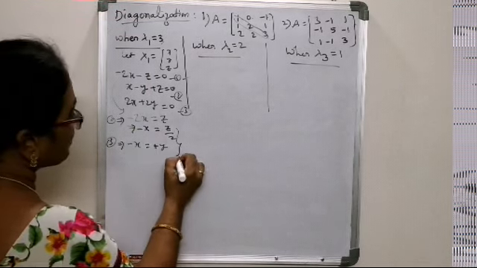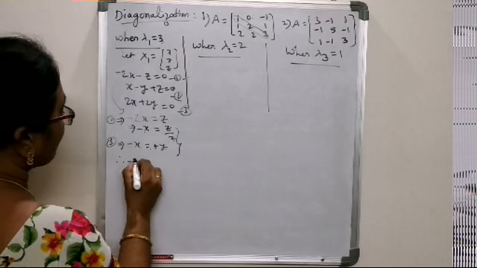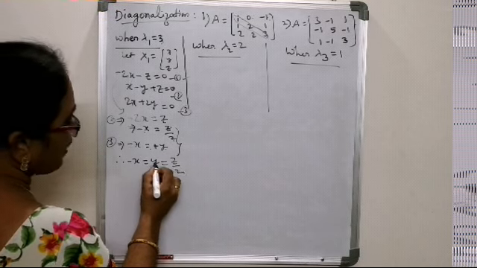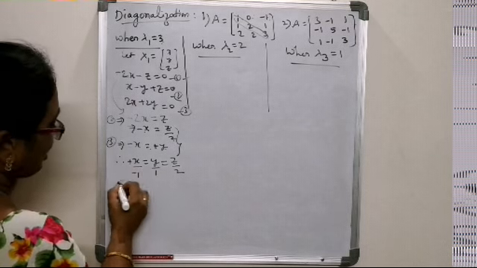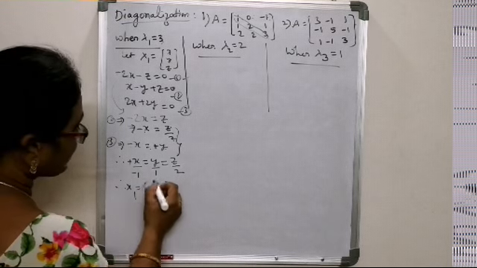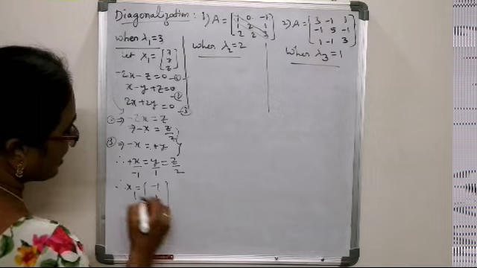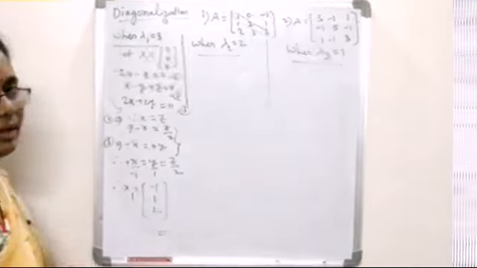From the two equations we have minus x is z by 2 and minus x is y. Therefore minus x is equal to y is equal to z by 2. So y gives y by 1, x gives x by minus 1. Accordingly the first eigenvector is capital X1 equal to x is minus 1, y is 1, z is 2. This is the eigenvector corresponding to the first eigenvalue 3 of the matrix.